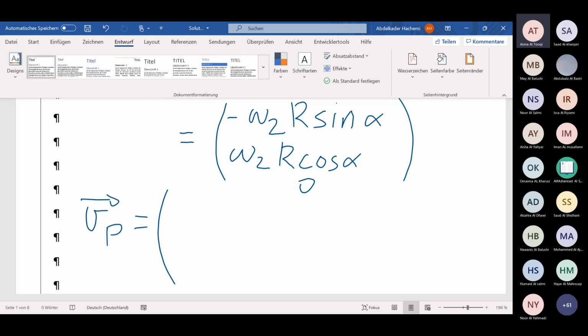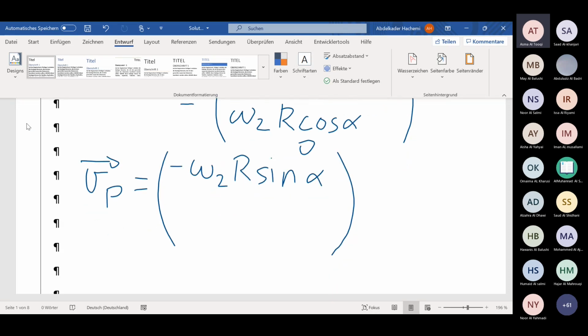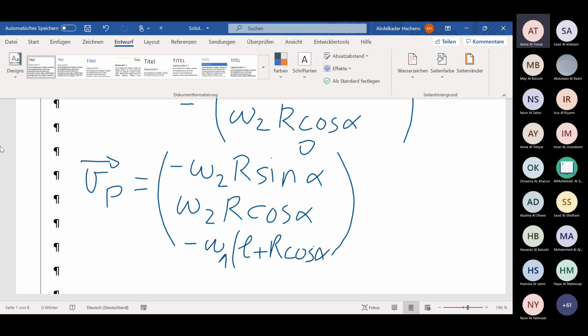Then I will get minus omega 2 r sine alpha, and we have omega 2 r cosine alpha, and for the third term minus omega 1 L plus r cosine alpha. Okay, this is now Vp.